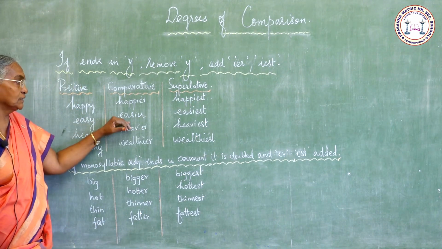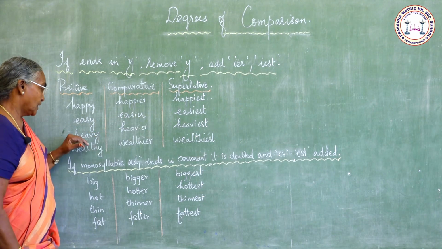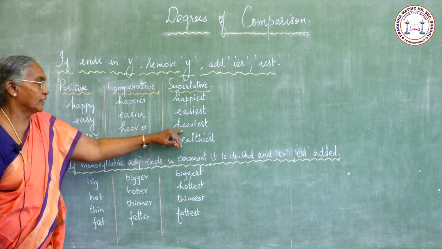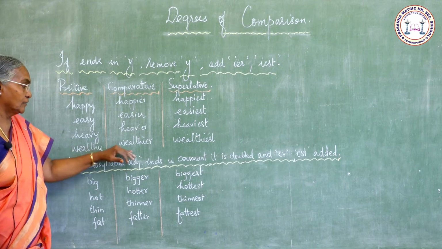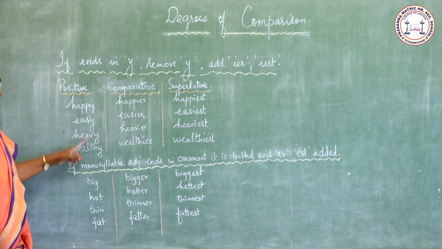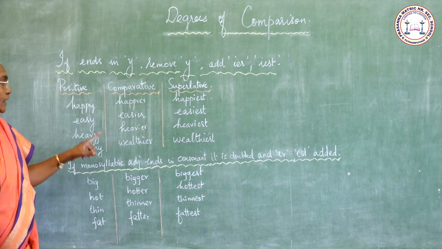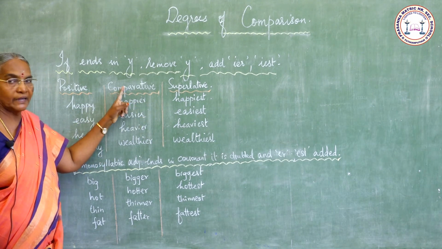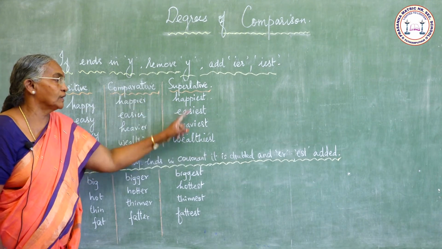Easy, easier, easiest. Heavy, heavier, heaviest. Wealthy, wealthier, wealthiest. In all these adjectives we removed Y and added IER for comparative and IEST for superlative.